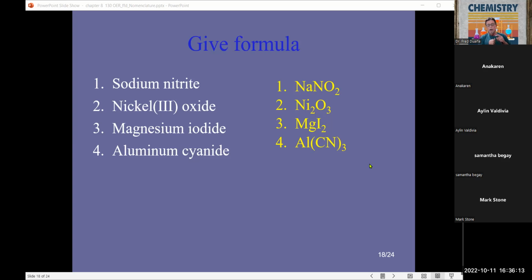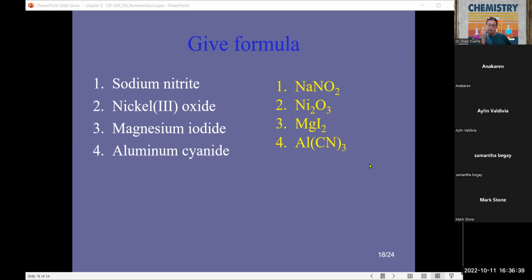Now, with naming the compounds, if you're using any of the 16, then they do not require Roman numerals. Just whatever the metal name is, that's what it is. If it's anything other than that, then you use Roman numerals like we did here, nickel 3, to differentiate the different nickels that are available out there.